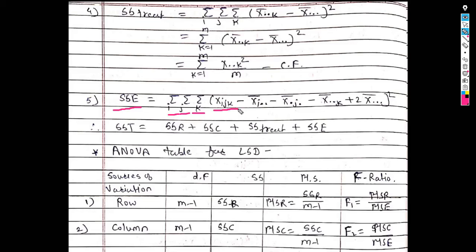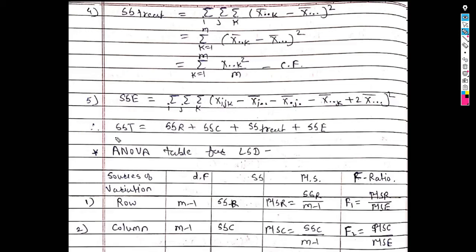What is x ijk? x ijk is the observation due to kth treatment, ith row and jth column, minus x i dot dot bar, that is ith row mean, minus x dot j dot bar, that is jth column mean, minus kth treatment mean, plus 2 times grand mean, bracket square.